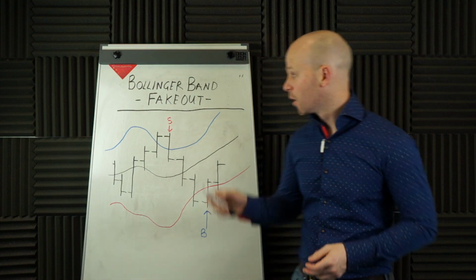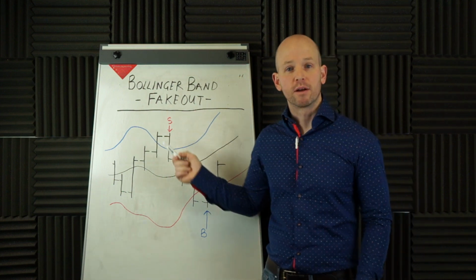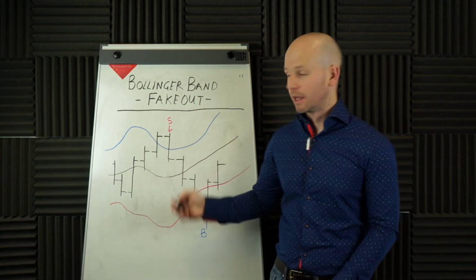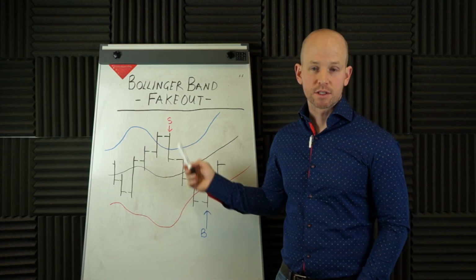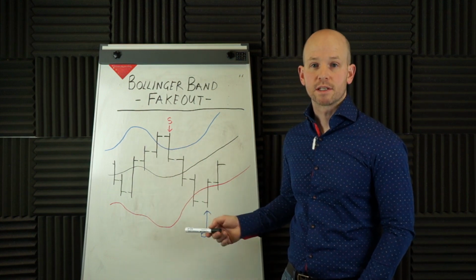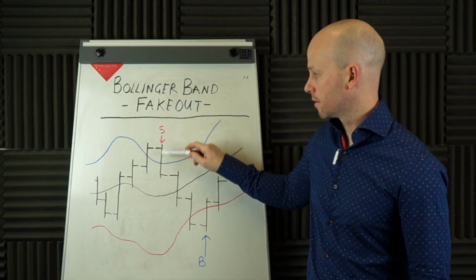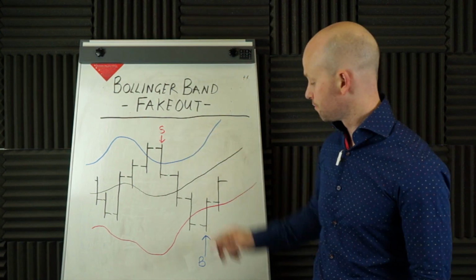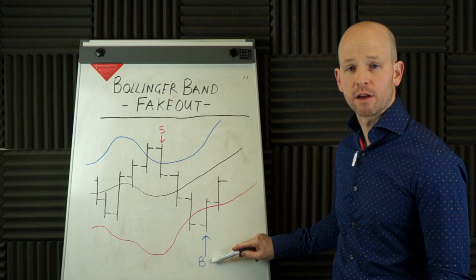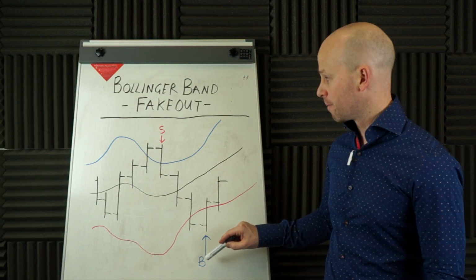Okay, so we have our chart. I mentioned it's pound-dollar on a 30-minute chart, and apply the Bollinger Bands to the chart with the standard settings. What we're looking for is, I've marked here an S, this is for a sell or a short sell, and a B down here, hope you can see that, for a buy.